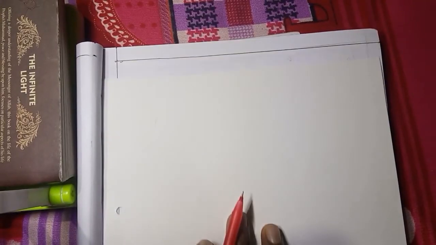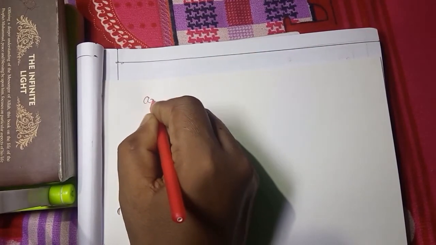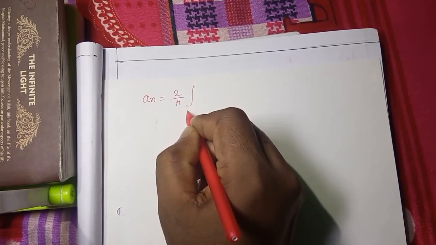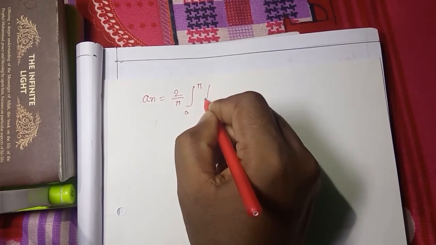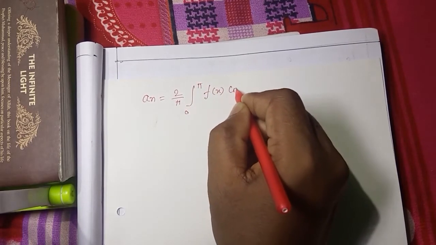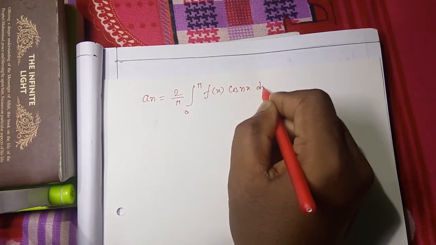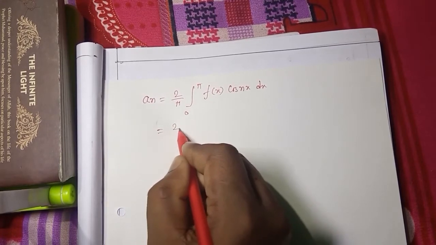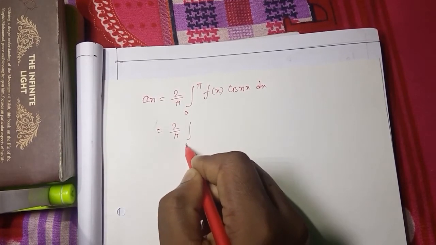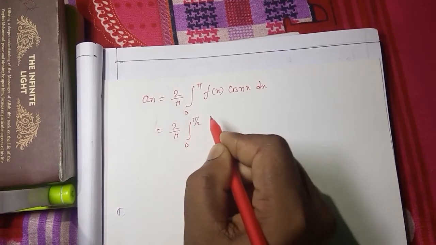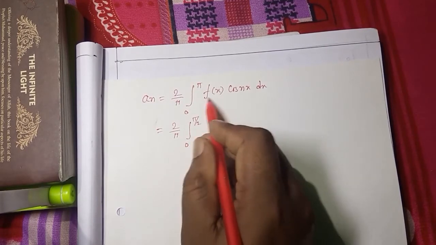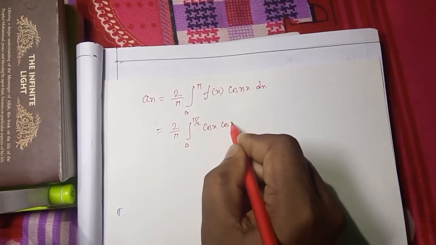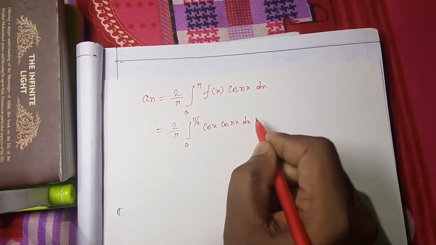Therefore an is equal to 2 by pi integration 0 to pi f of x cos of nx dx, and we break this limit: 2 by pi integration 0 to pi by 2. In this interval f of x gets the value cos x, cos of x cos of nx dx.